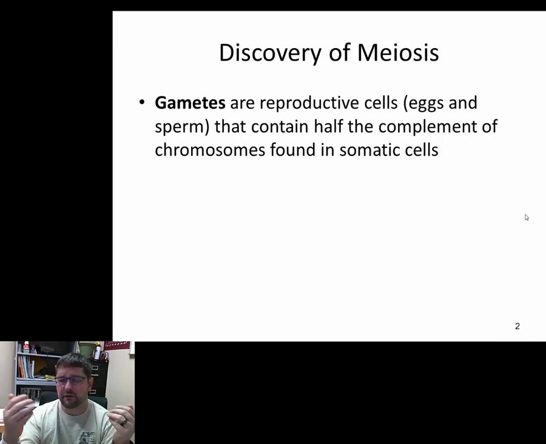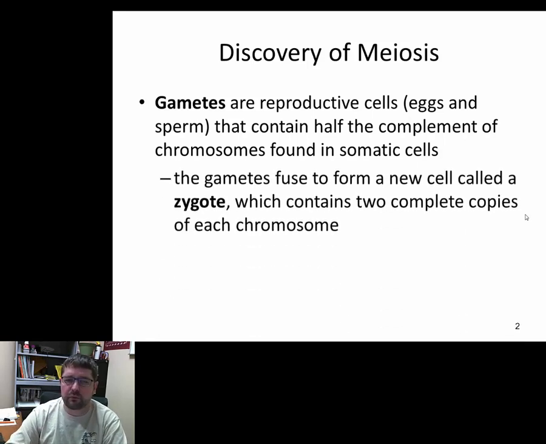It could be pollen and ova, spore, cyst and oocyte. There's lots and lots of varieties of what this might be. But as long as you're recombining to restore the normal chromosome count, it's considered sexual reproduction. And we'll look at some examples in a little bit.